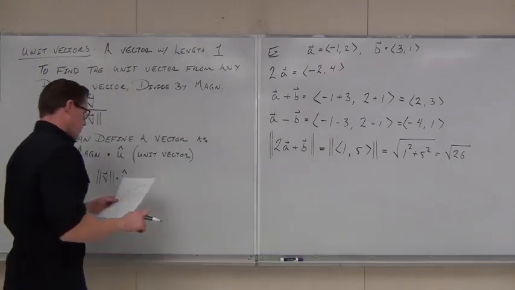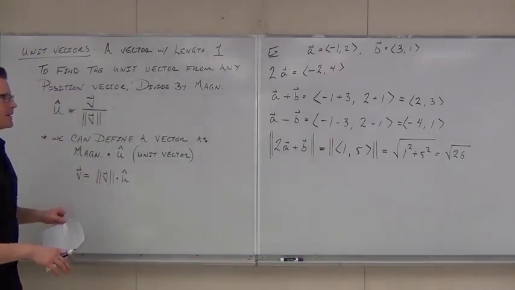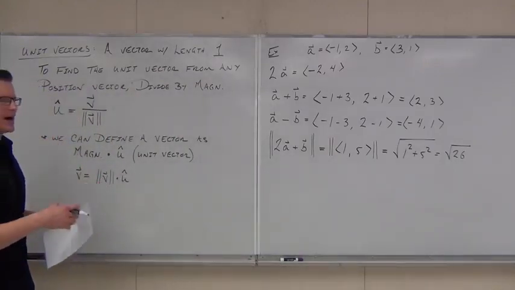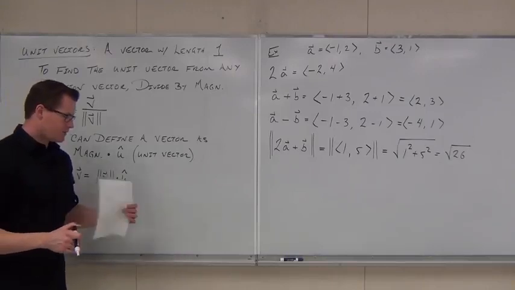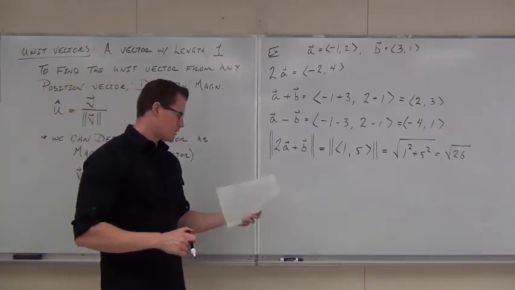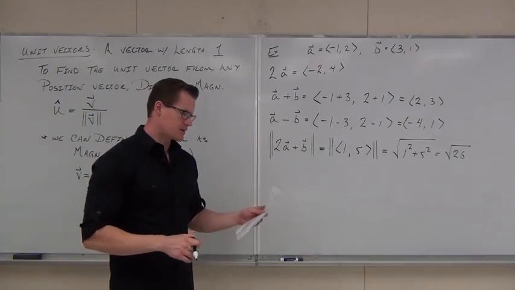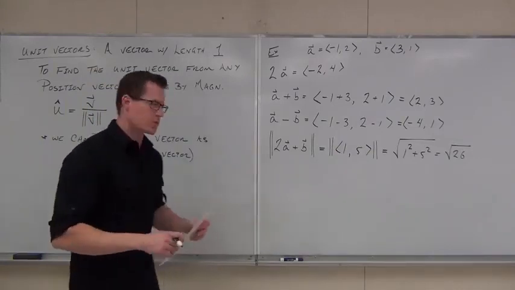So we're going to try just one of them. I just want to do one example here about how to find a unit vector. We'll talk about these things called standard basis vectors and see where we're at with that.